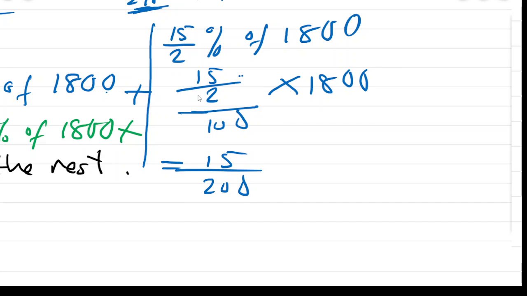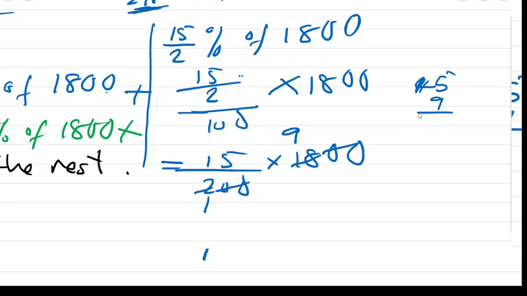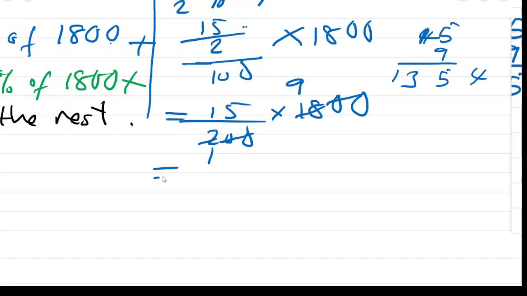The 100 comes here and we multiply by 2 times 1,800. Of course the two zeros will cancel out, and then 2 here is 1, and 2 here is 9. 15 multiplied by 9: 5 times 9 is 45, 9 times 1 is 9 plus 4, that is 13. So this is 135. So you have 135 persons who paid 19 kobo each.